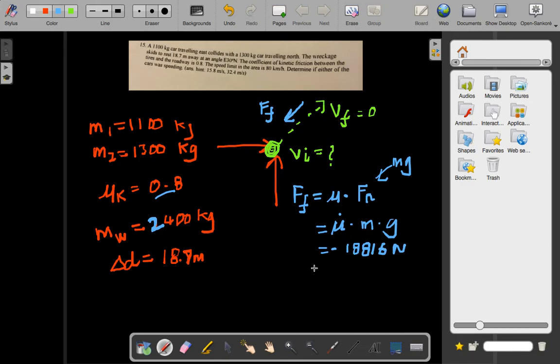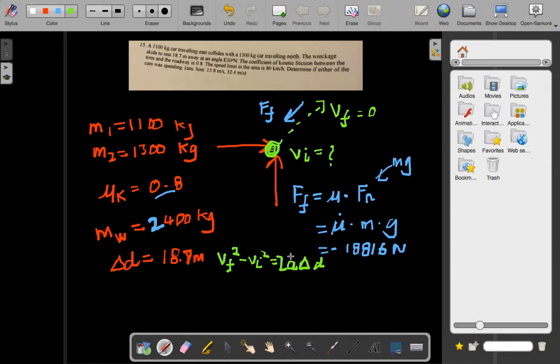Now that we know the force of friction that caused the wreckage to slow down to a stop, we can determine the initial velocity. To do that, we're going to use this formula, one of the big 5 motion equations: Vf squared minus the initial velocity squared is equal to 2a delta d.